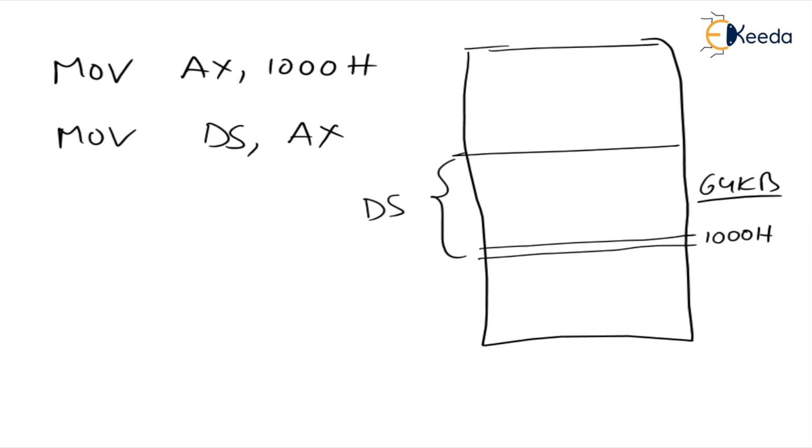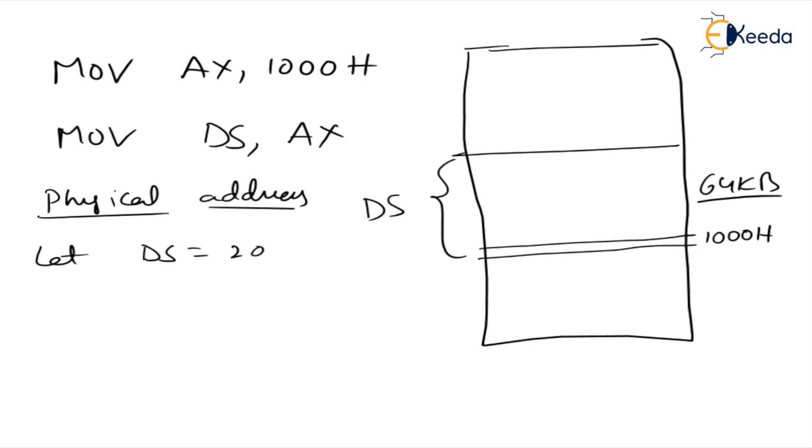Now tell me, what is the physical address of this instruction? Let us consider ds is equal to 2000h, ax is equal to 3000h and ss is equal to 4000h.